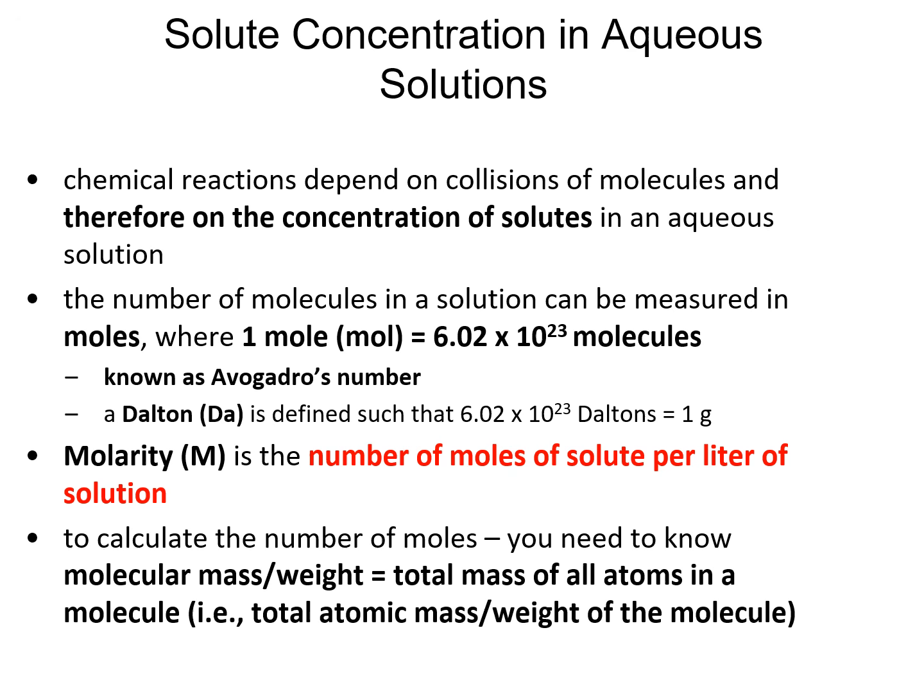A mole of oranges would be 6.02 times 10 to the 23 oranges. A mole of sodium is 6.02 times 10 to the 23 atoms of sodium. The unit Dalton is defined such that 6.02 times 10 to the 23 Daltons is actually 1 gram.